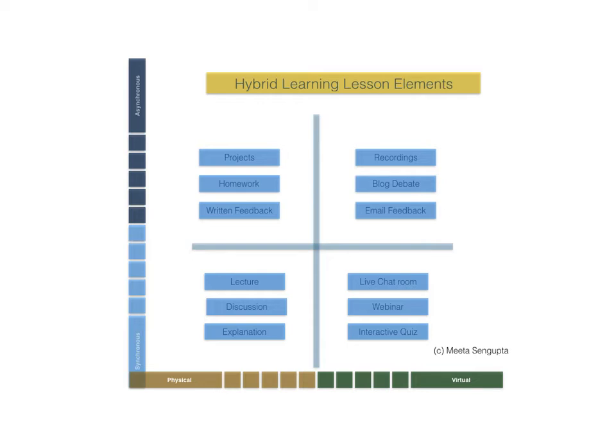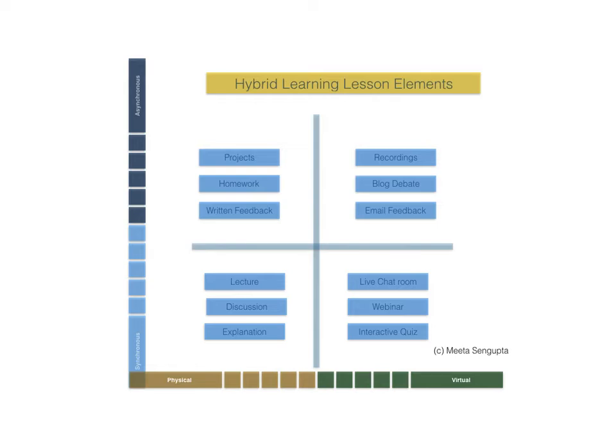The fourth, and possibly the newest part of this straightforward hybrid element, is virtual and asynchronous. Now, this has been used in corporate training for the longest time. In schools, it has been used much less. And for younger students, it often becomes more and more challenging to design pedagogies for this.